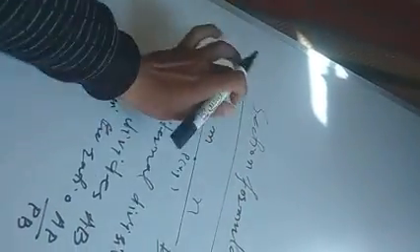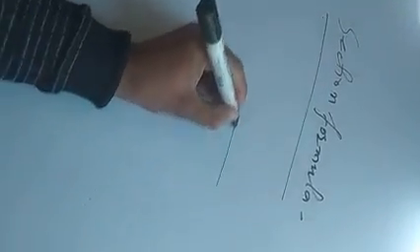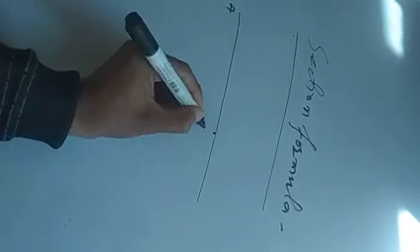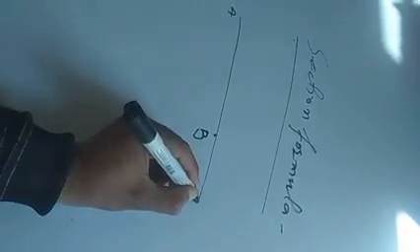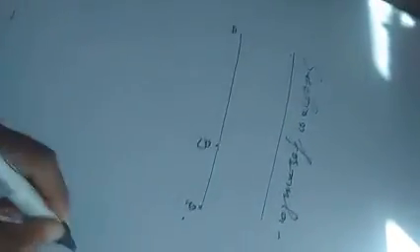Now if the point P is outside, suppose AB is a line and P is a point here.